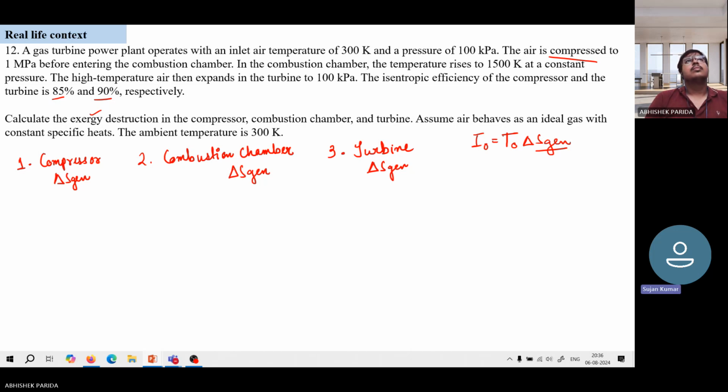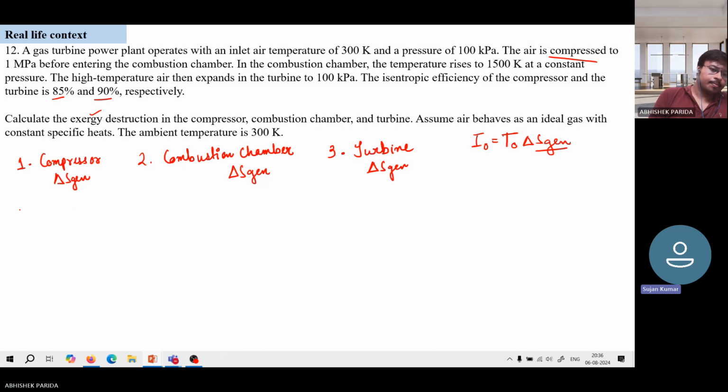Sir, first of all, I try to calculate the temperature at the exit of the compressor. And then the combustion chamber temperature is already given, 1500. Then the exit temperature from the turbine, first the isentropic condition as well as the actual condition, because isentropic efficiency is given here. Isentropic efficiency of the compressor is equal to isentropic work divided by actual work.